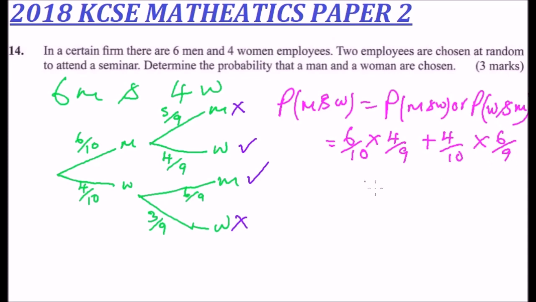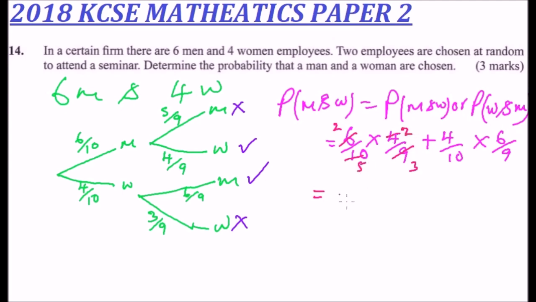Once you work that out, you divide by 3, this will give us 3, divide by 3, this will give you 2, divide by 2, this is 5, divide by 2, this is 2.